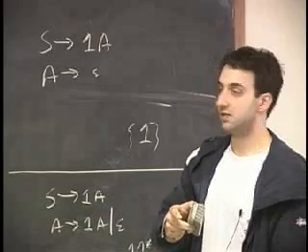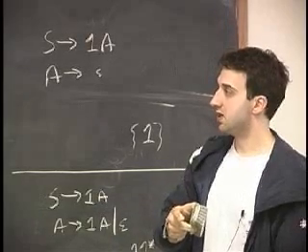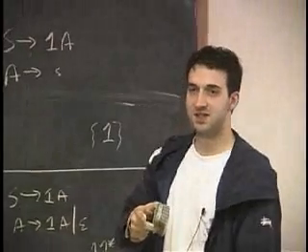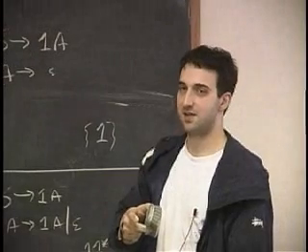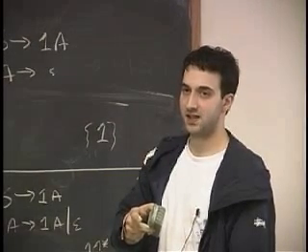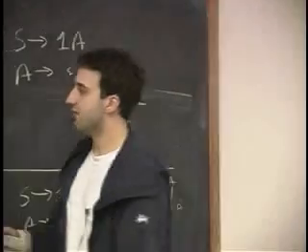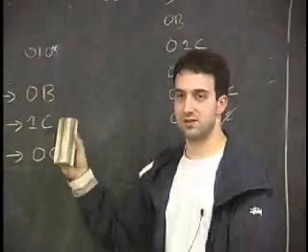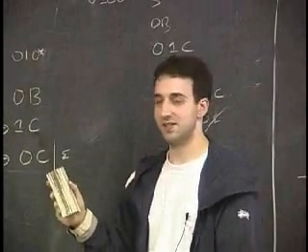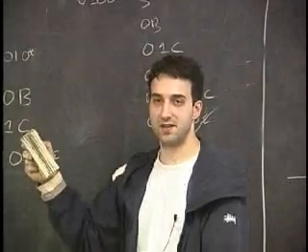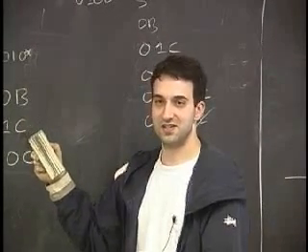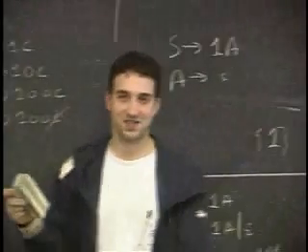Can S go to 01B? It could. That wouldn't be a linear grammar, with only one symbol. It turns out if we modify these rules a little bit, and have symbols on both sides, then we'll get things that aren't regular expressions. We'll break the pumping lemma.